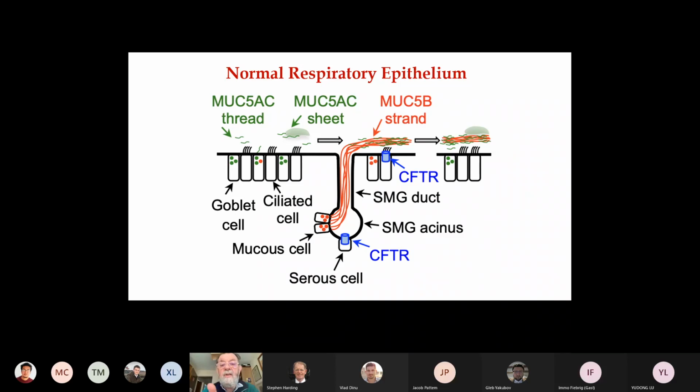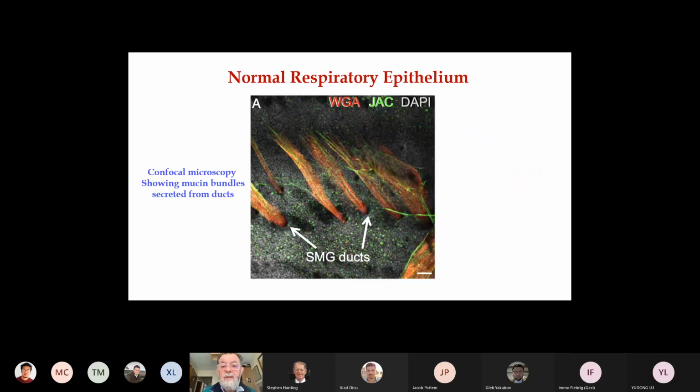So this is the process that takes place in the lung in order to get something which is resistant to the microflora on the surface and to protect against the microflora in the respiratory epithelium. So next slide, please.